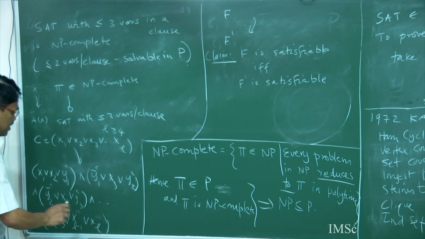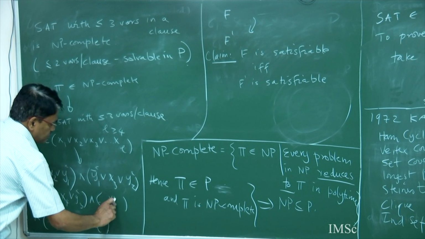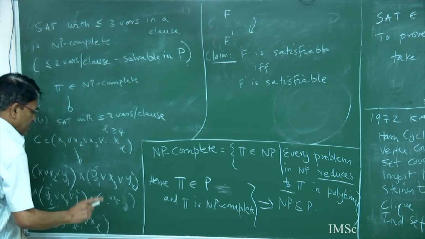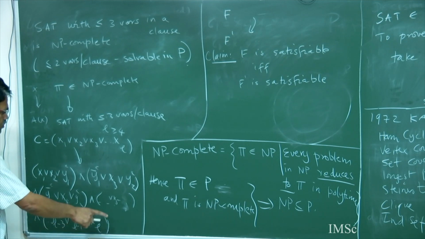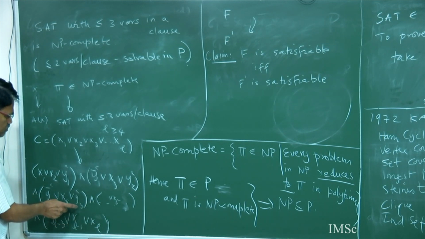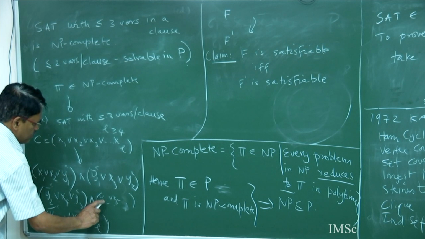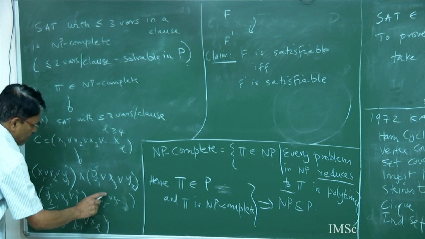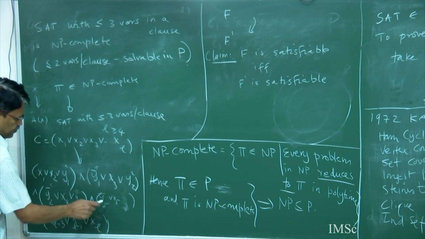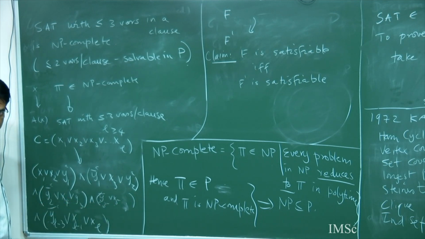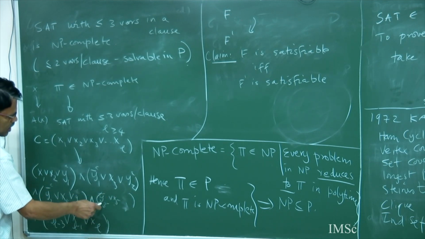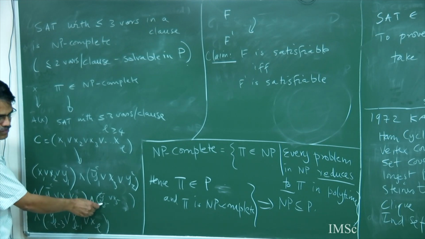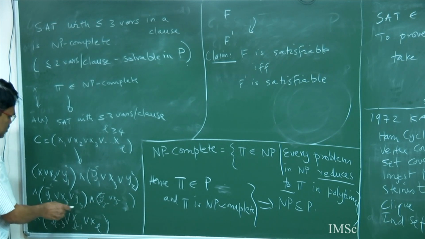So, let us say x5 is satisfying, as you said. So this will be y3 bar and x5. Since x5 is satisfying this clause, I can set y3 to true, because I do not need y3 to satisfy this. So, set y3 to true, that will satisfy this.